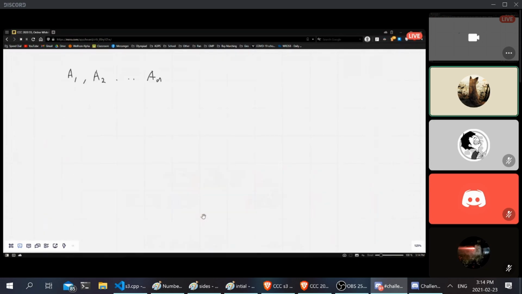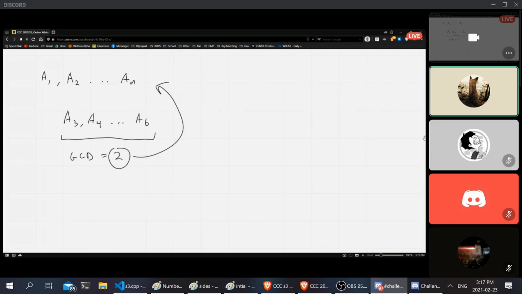Like some subsequence, like a3, a4, I don't know, something like that, we have to make the GCD of this some number, like 2. Like you'll have a list of subsequences, like 3 to 6 has a GCD of 2 or something. And then like 1 to 3 has 5 or whatever.